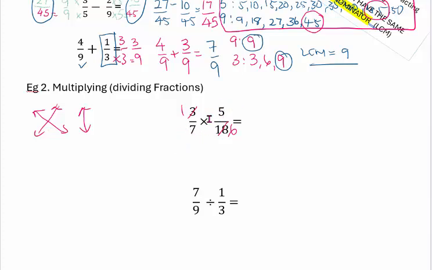No, especially because they're both prime numbers. Can I cancel this way? No. Can I cancel this way? No. So now I just do 1 times 5 is 5, 7 times 6 is 42. You choose what method works for you. I find this much quicker because I don't know my 18 times tables.